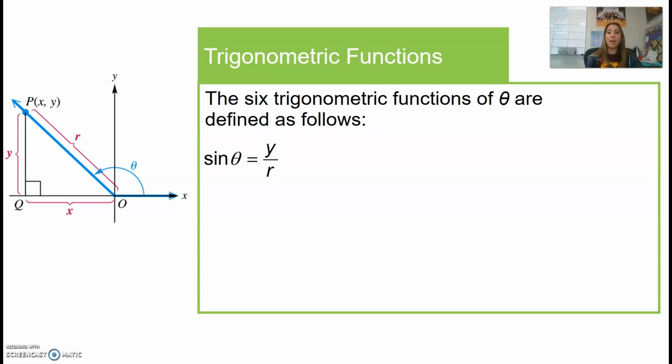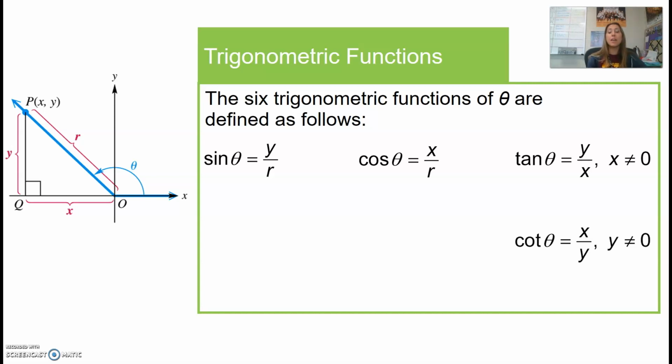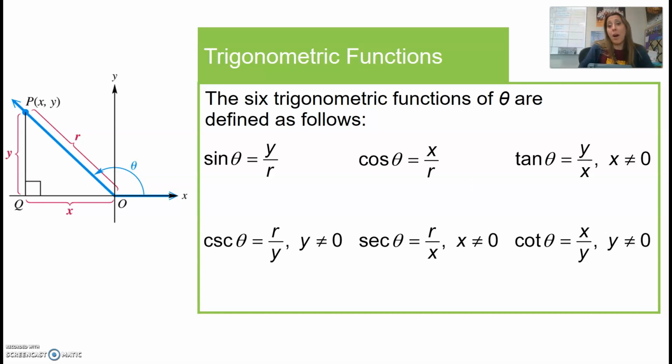So whatever my y is, it's going to be over my r. My cosine is going to be x over r. My tangent is going to be y over x. My cotangent is going to be the reciprocal of my tangent. My secant is going to be the reciprocal of my cosine, and my cosecant will be the reciprocal of the sine. So go ahead and hit pause now, because you're going to want to get this in your notes, because we're going to do a couple of examples.